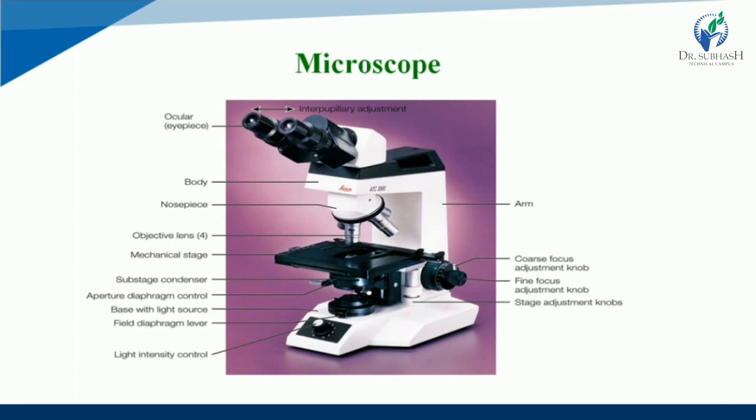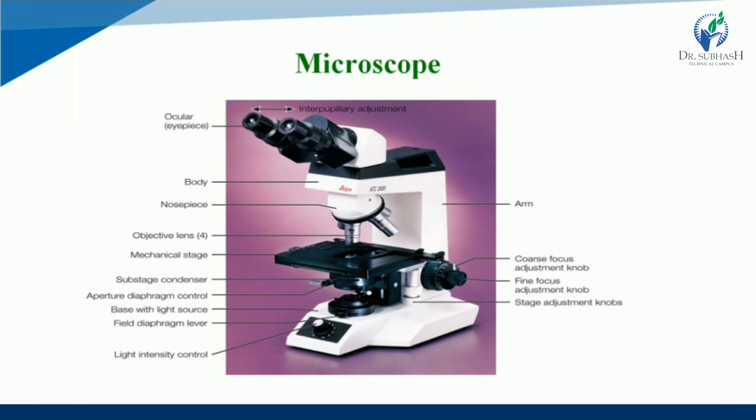It is present below the nose piece, and the objective lens is located close to the object being examined, the specimen. While what is ocular lens?